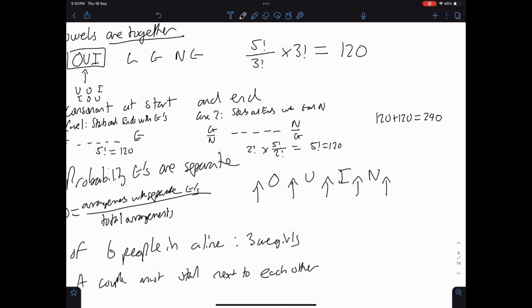So it's 4 factorial for this stuff, but then we also must multiply it by 5 choose 2. This is also 5P2 over 2 factorial, by the way. So it's 24 times 5 choose 2, which is 10. So that would be 240.